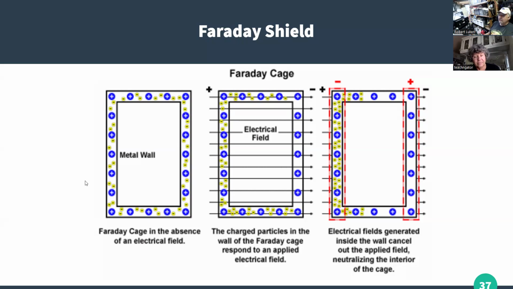So you have free electrons running around in this metal cage, and when an electric field comes by, it causes those free electrons to shift to one spot, and you see absolutely no electric field inside this Faraday cage.